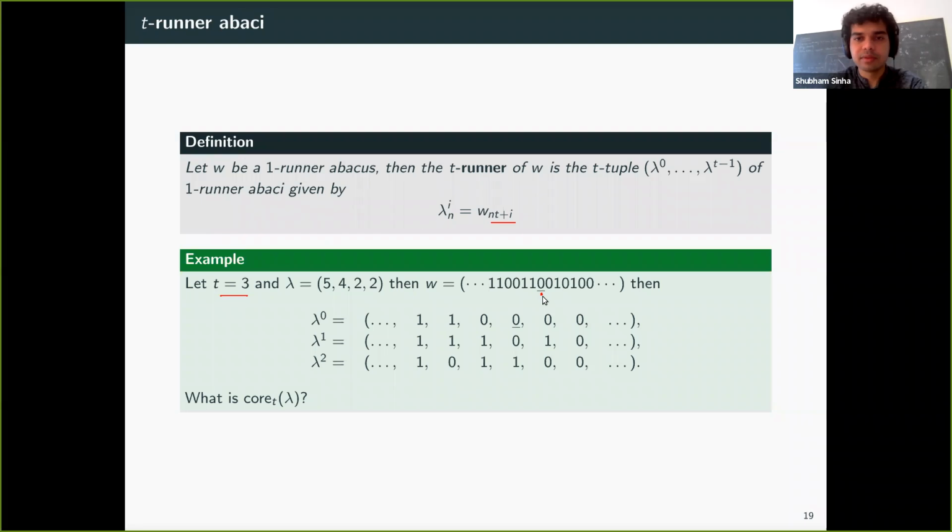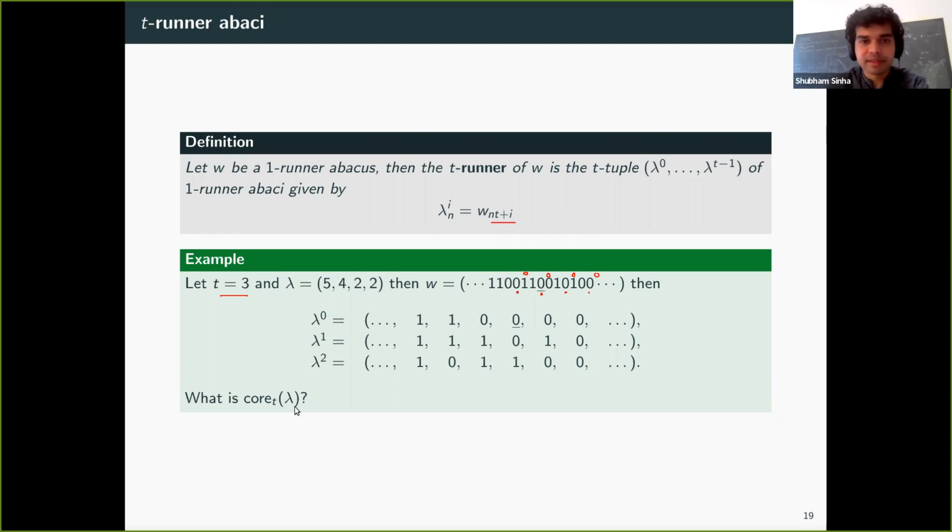It would be the sequence given by the one which I'm marking here. You just hop by 3, and you look at the subsequence or sub-abacus of that. And then lambda 1 would simply be translated by 1. You do the same thing, you look at this subsequence, and that would give you your lambda 1.